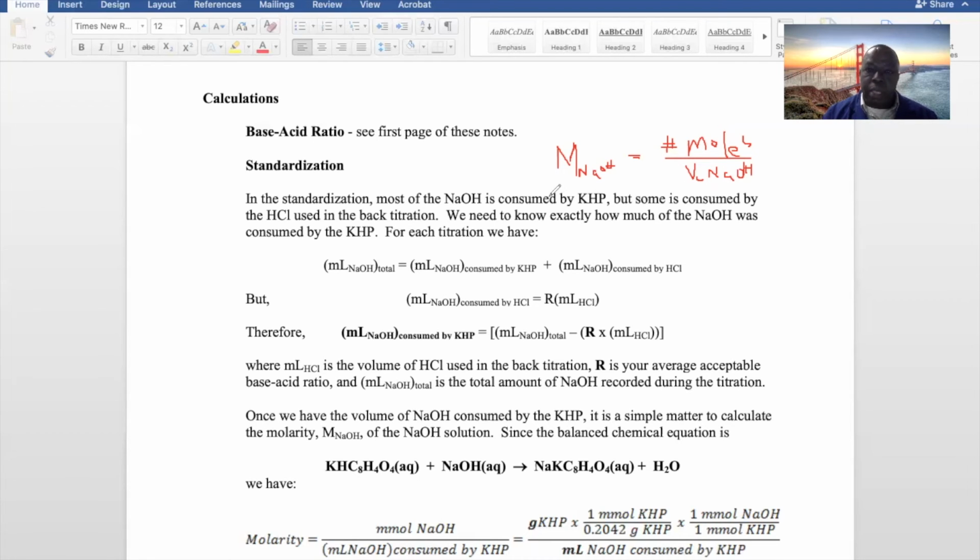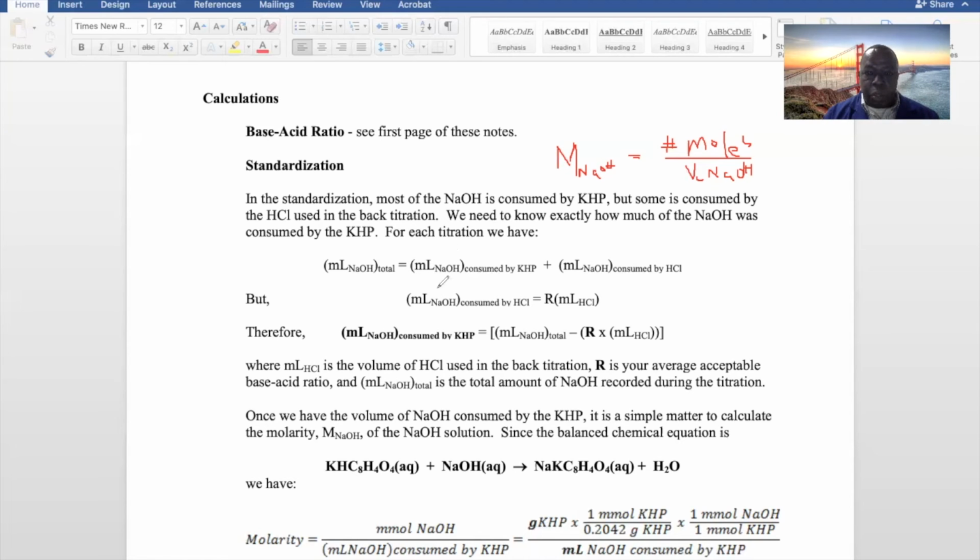So in standardization, we need to know the ml of NaOH consumed by the KHP. The total, which is the over-titrated volume, was 25 ml in my example.